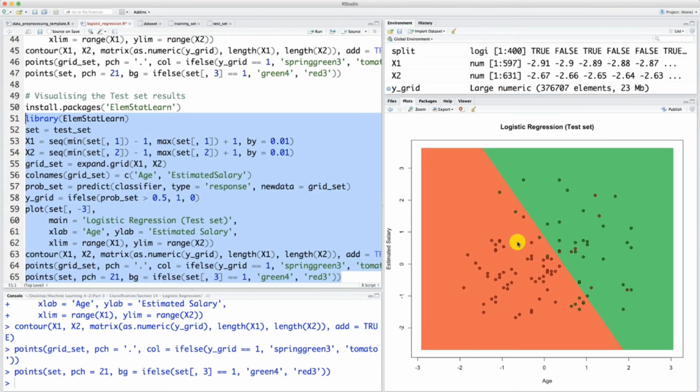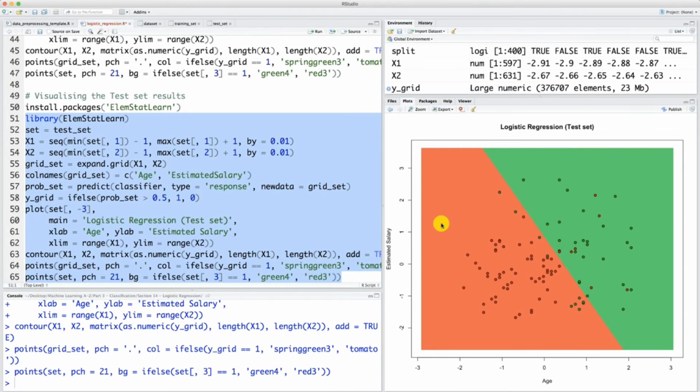And here are the results of the test set. So that's not too bad, because as we can see, the majority of red points are in the right region, that means the region predicted to be 0, and the majority of green points are in the right region. As for the training set, there are some observations that were incorrectly predicted, but that's normal.